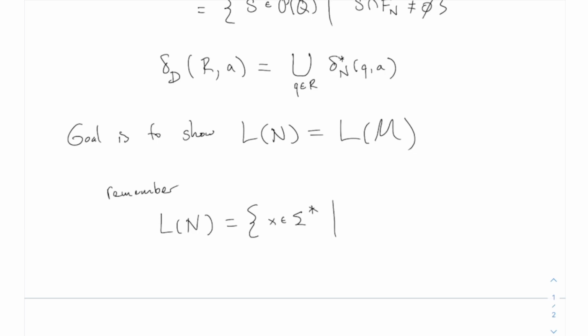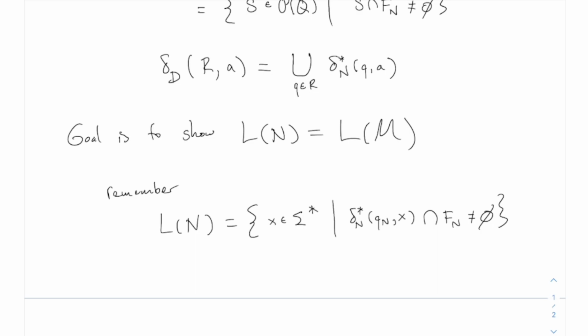It means when you start in the starting state, which I called Qn, and you do the string x, using the delta star from the NFA, to be accepted in the NFA, it means that this, which is a set, contains one of the accepting states. And so, again, the way you have to write that is like this.